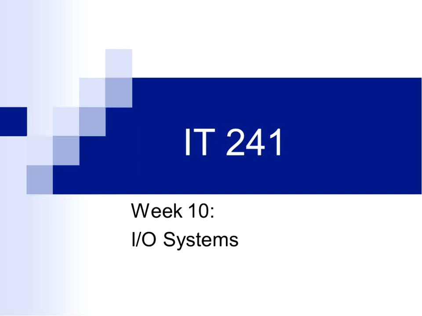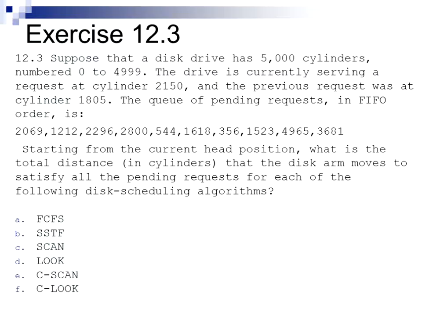Before we get into our material for this week, we're going to be looking at the exercise from week 9. In the exercise from week 9, we were looking at how far the disk heads had to travel to service a certain number of requests on the hard drive.